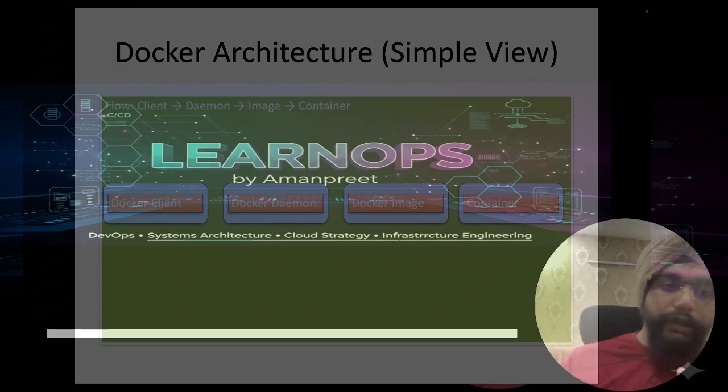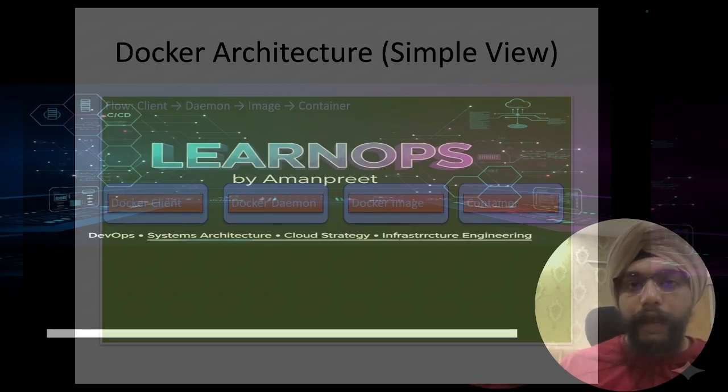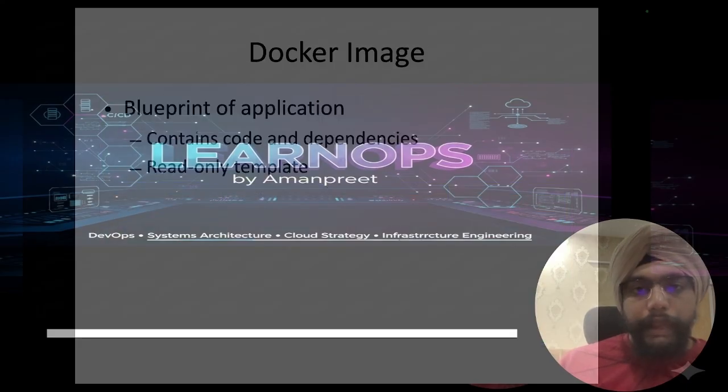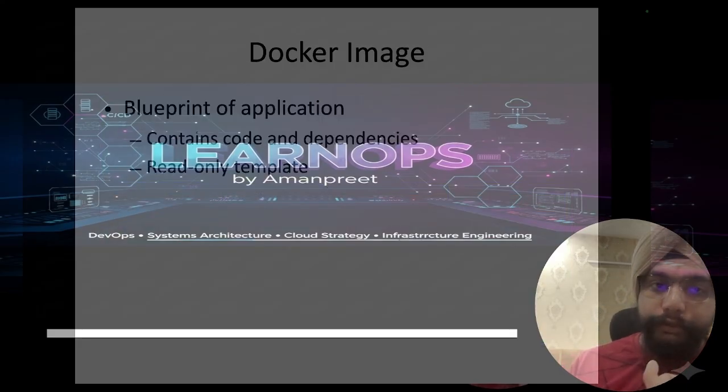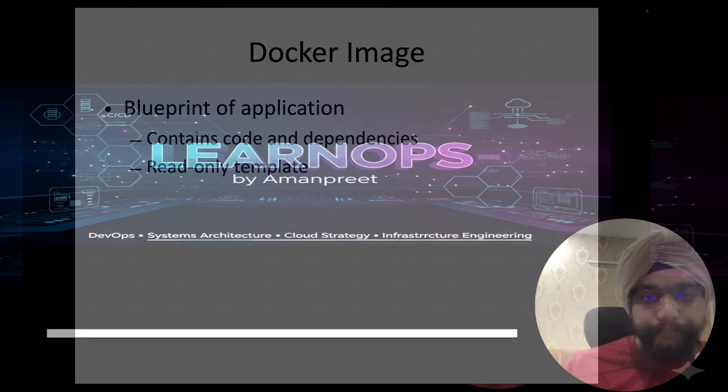The flow diagram goes like Docker client, Docker daemon, Docker image, Docker container. This is the simple architecture view that I showed of the Docker architecture. The blueprint is your recipe in code. The application recipe in code is there in the Dockerfile, along with the dependencies.